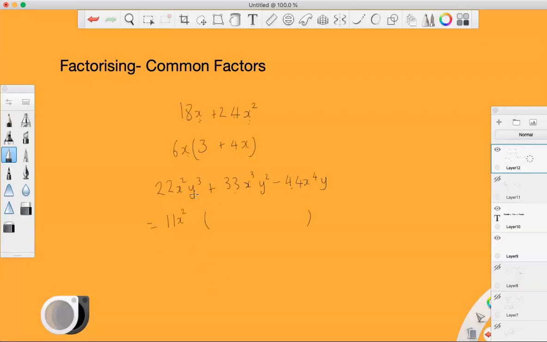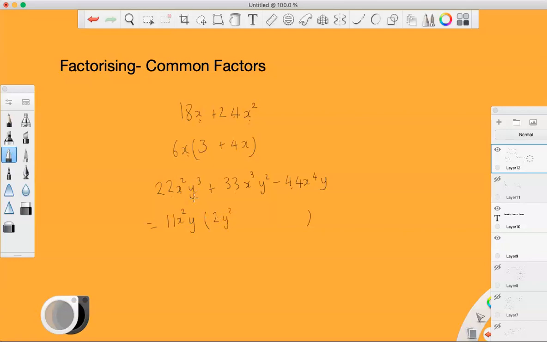Now we're going to look at the y's. Is there a y in each of the terms? Yes, there is. And the lowest one is here, so we'll take this y out. Now we need to find what's in the bracket. 22 divided by 11 is 2. x squared divided by x squared is 1, so we're not going to have an x here. y cubed divided by y is y squared.